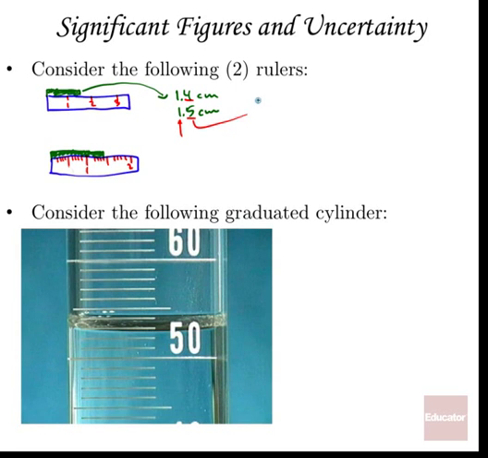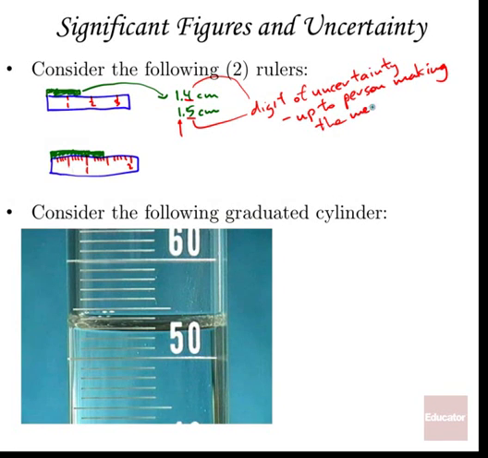It's the digit of uncertainty, and it is strictly up to you, the person making the measurement. Because the ruler is so poor and the tick marks are so large, there's no way we can determine if it's 0.4 or 0.5. It is not provided by the tick marks on the ruler at all.